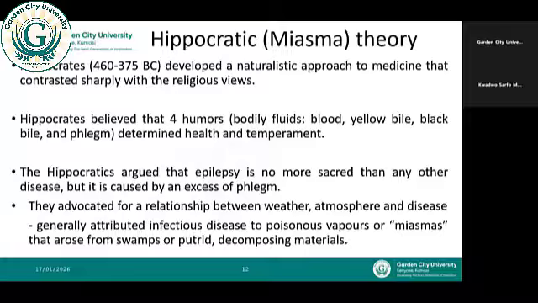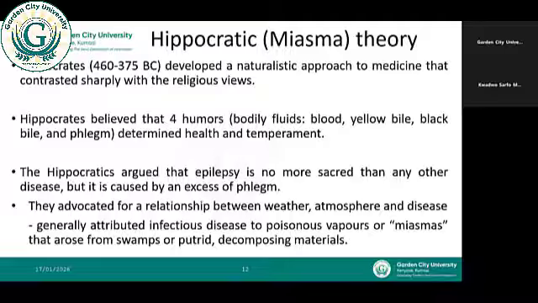So he believed that diseases were not brought by divine or supernatural powers, but because of the four humors or the bodily fluids in humans or animals. So he focused mostly on the humans. So blood, yellow bile, black bile, and phlegm determine the health and the temperament or physical attributes of a person. So if we see that somebody is producing a lot of phlegm, then we suspect the person has some infection. That was the belief of the Hippocratics.